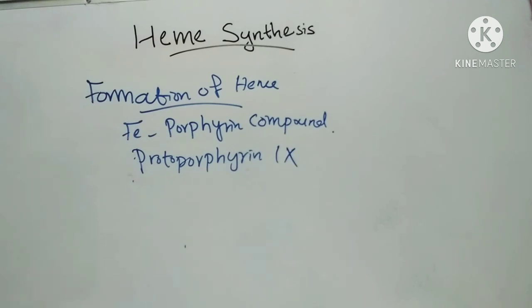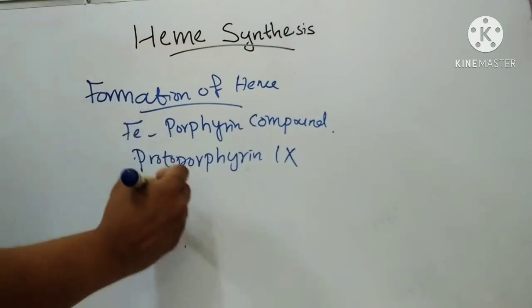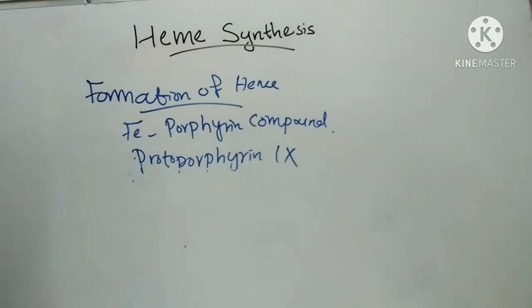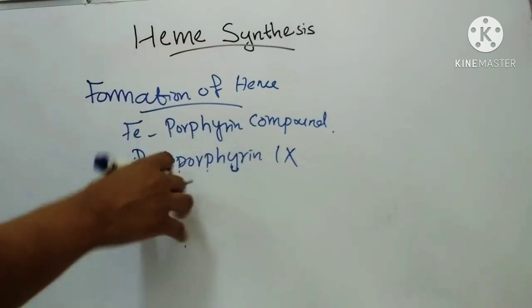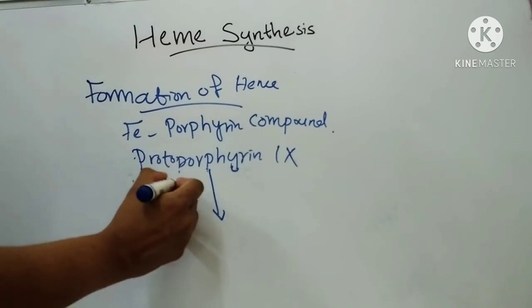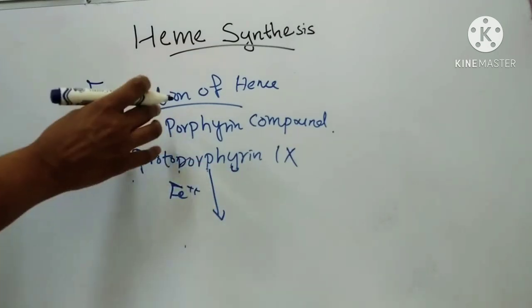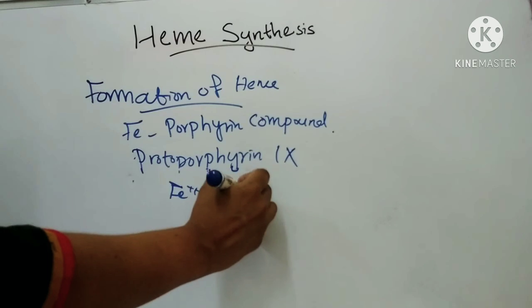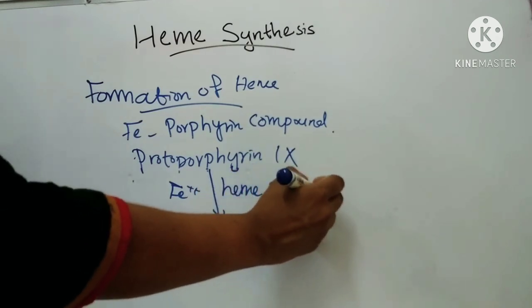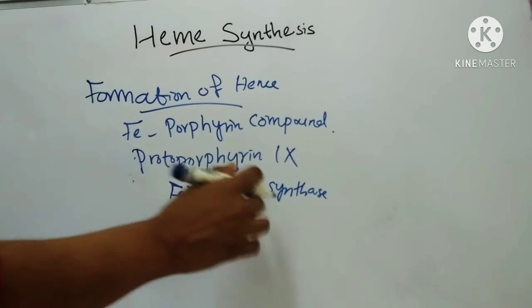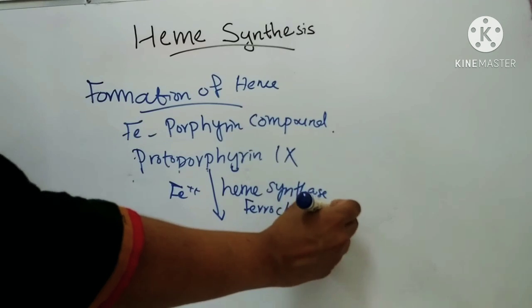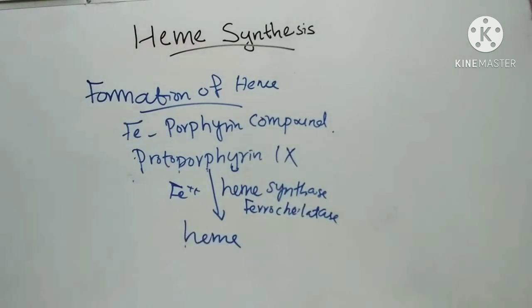It is catalyzed by the enzyme heme synthase or ferrochelatase. So we got this protoporphyrin ion. Insertion of iron into the central position of this protoporphyrin ion is catalyzed by heme synthase, otherwise called ferrochelatase, and it forms heme.